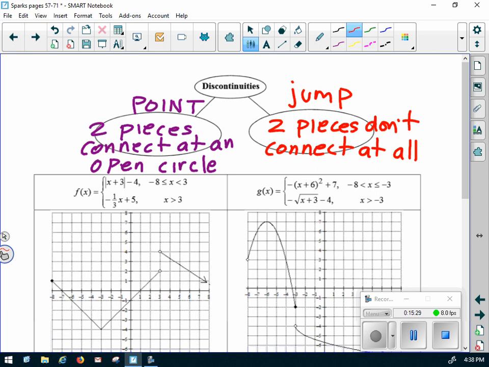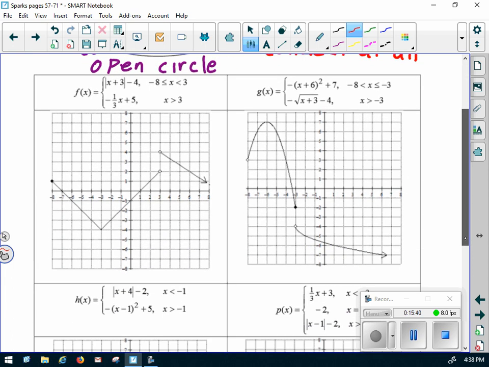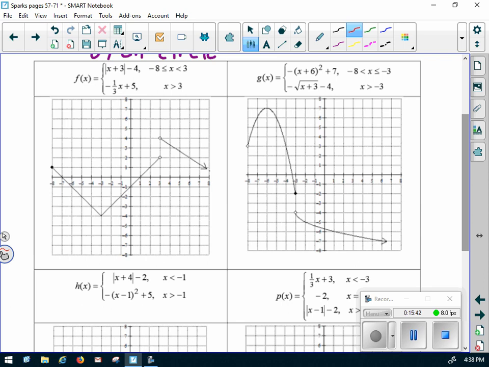Let's look at these four graphs that are on your page here. And let's decide if each of these graphs is a point discontinuity or a jump discontinuity. So let's look at f. Now I'm tracing and tracing and tracing. Haven't had to lift my pencil yet. Oh, I got to lift my pencil. Notice, here's the rest of it.